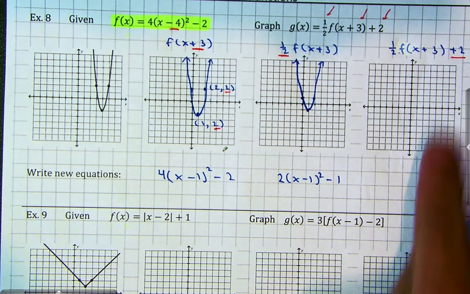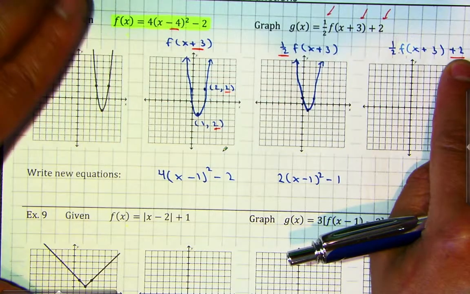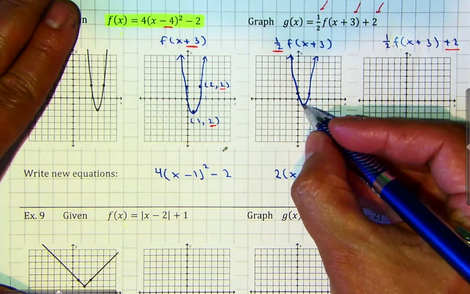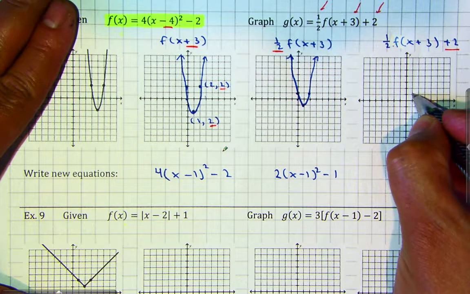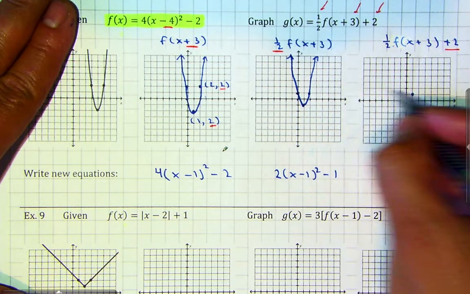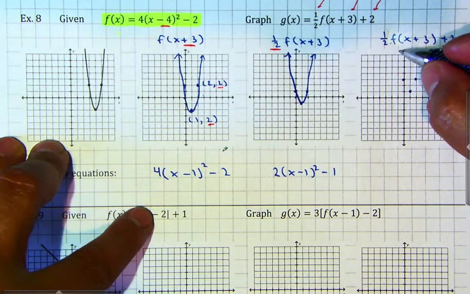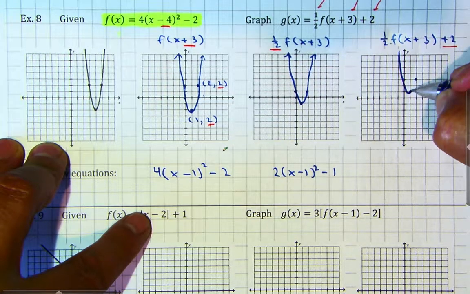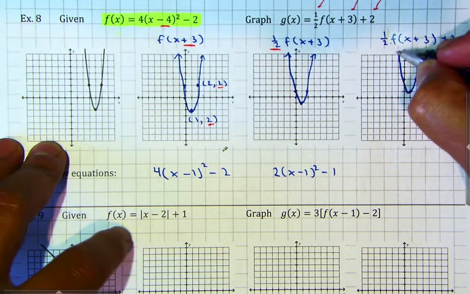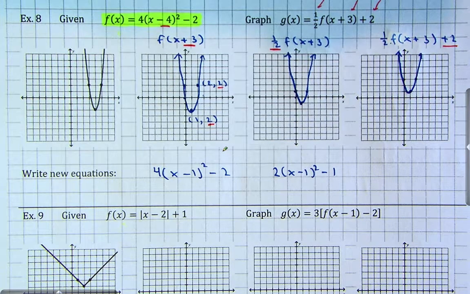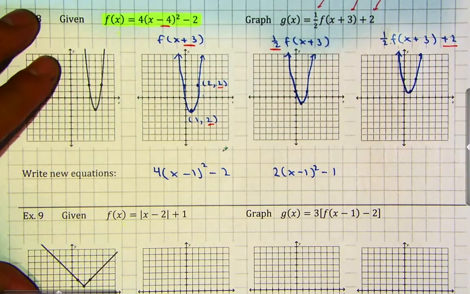And for the last one, we're going to shift it up 2. So this point is to be here, and 1, 2. This point is to be here, and 1, 2. And the other point. So therefore, that is my new function. Let's come up with the equation, and then we'll check on decimal just to confirm.